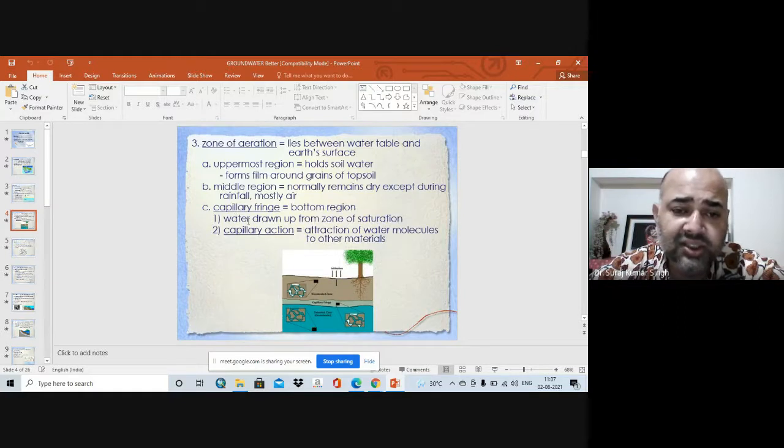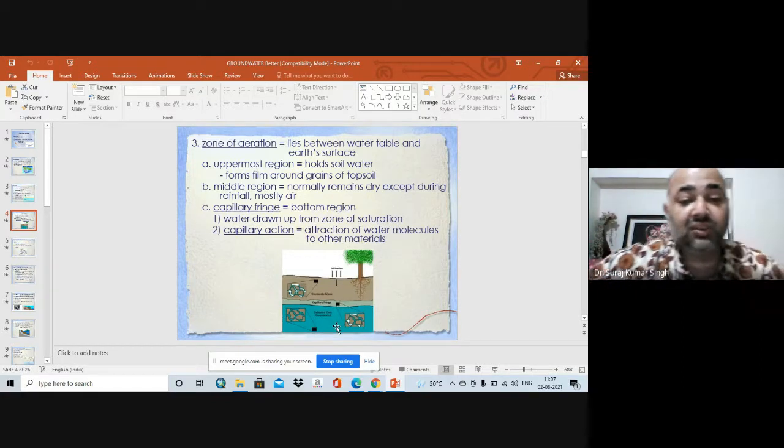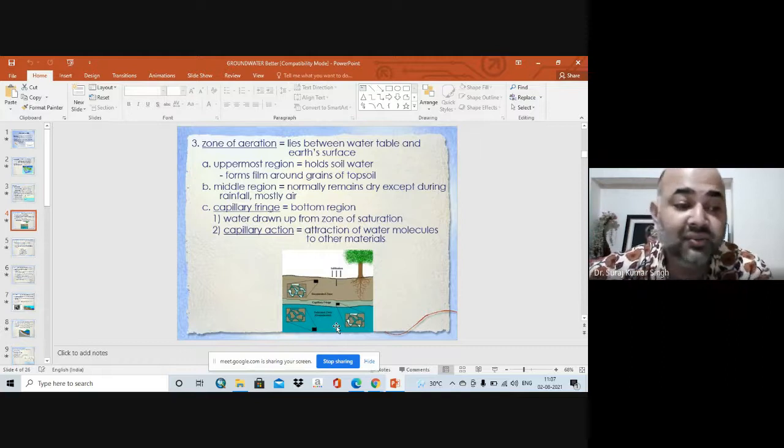And the third one is the capillary fringe, the bottom region where the water is drawn up from the zone of saturation, which attracts the water molecules to the other material. So you can see how the movement of water takes place from the saturated zone using the capillary fringe to the unsaturated zone, and finally infiltration happens through this zone of aeration, passing through it, and finally going into the zone of saturation where the entire area is filled with water.